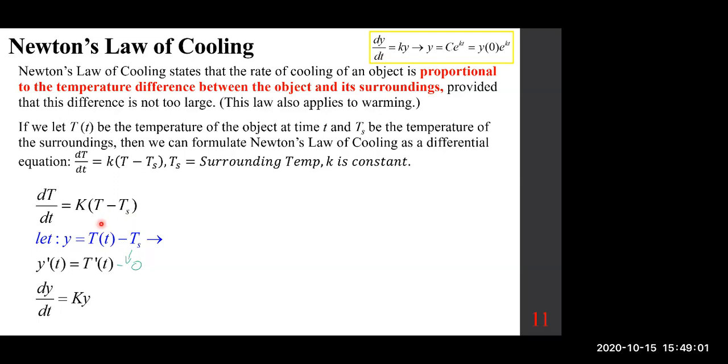So if we go back here, we can rewrite it as follows. T of t minus T sub s is y, or y of t, or y sub 0 e to the power of kt. So I want you to pay attention to the blue one, everybody. Y is the same as y of t.